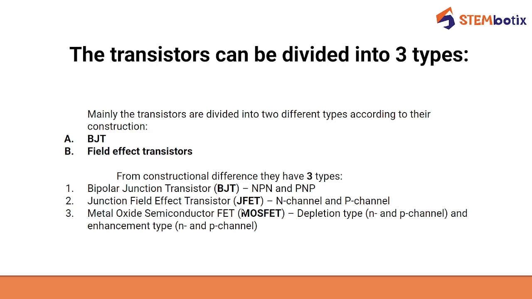Then there are JFETs, in which you have the depletion type of transistor, which are N channel and P channel. But in metal oxide semiconductor, or MOSFET, there are two types and another two types, which are depletion with N channel and P channel, and enhancement type also with N channel and P channel. So these three are the basic different types of transistors.